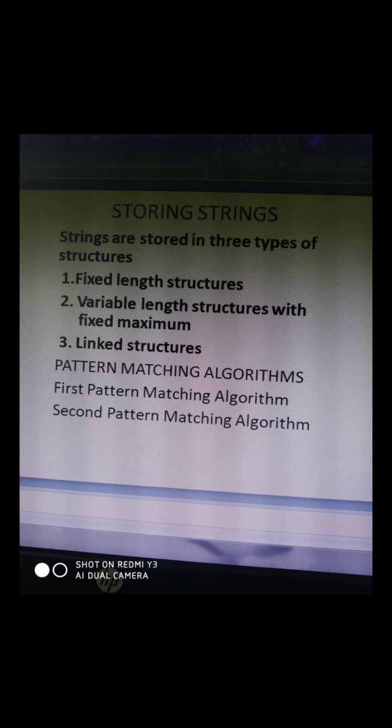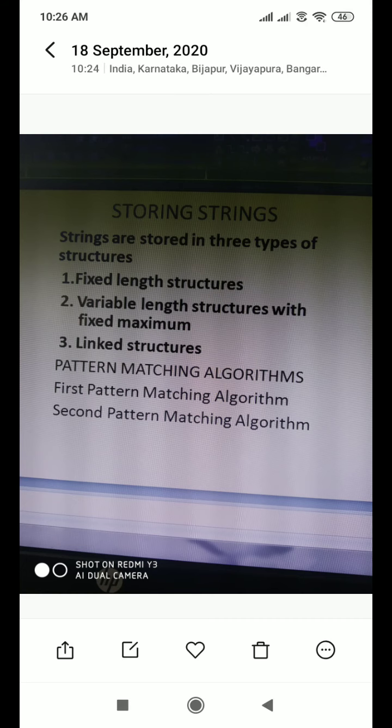The second one is the variable length records. In variable length records, whatever string length you take, we use two ways to handle the length: one is a marker, or we store it in the form of an array pointer. For example, if your string length is only 2, it will store only length 2, and at the end you use a symbol $ which indicates the end of the string.